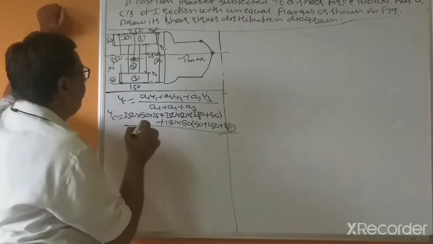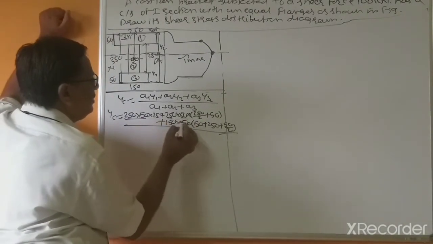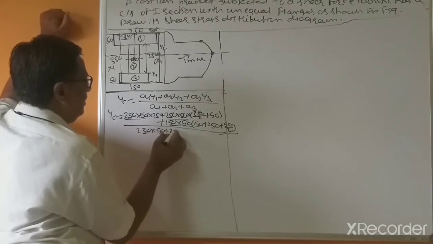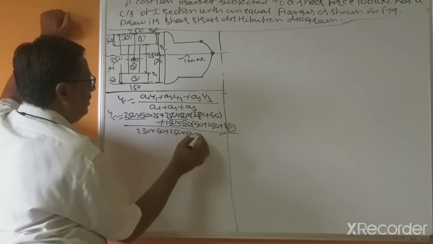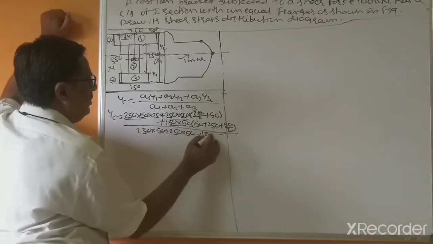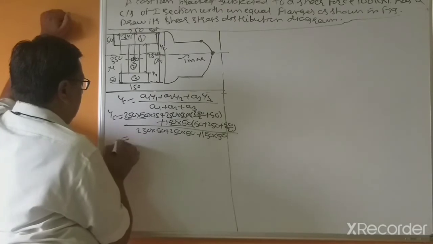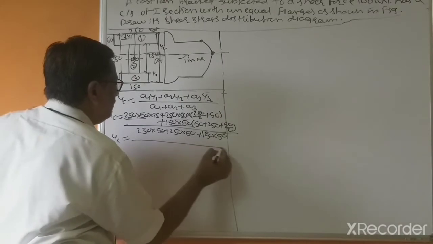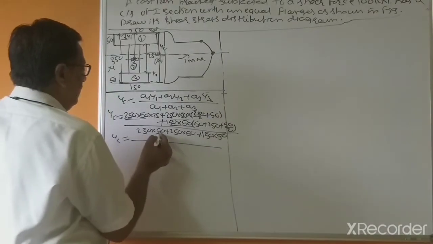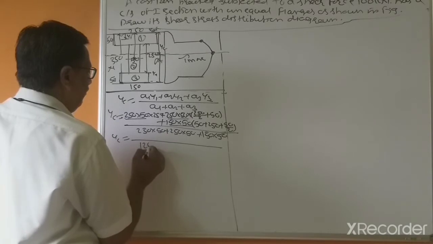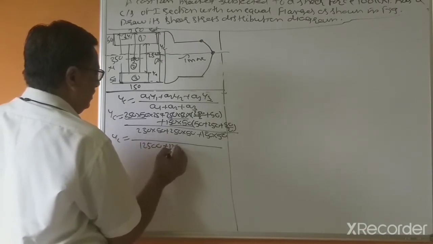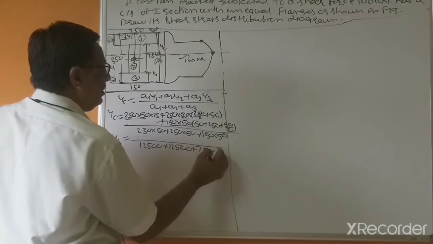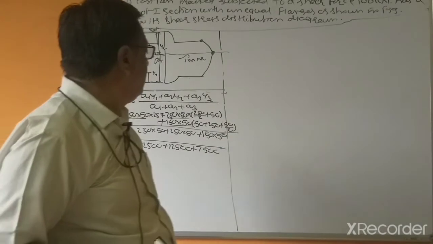So this is for understanding purpose, I will update this. Now area, this is 1, this is 2 and this is 3: 250 into 50, 250 into 50 and plus. YC equal to. So this 25, 125, 175.